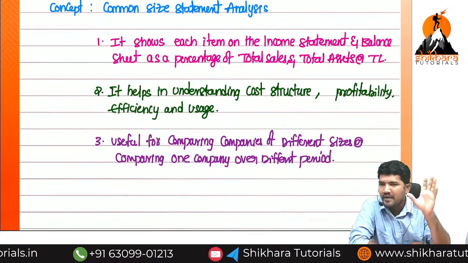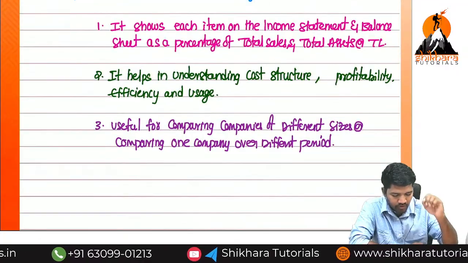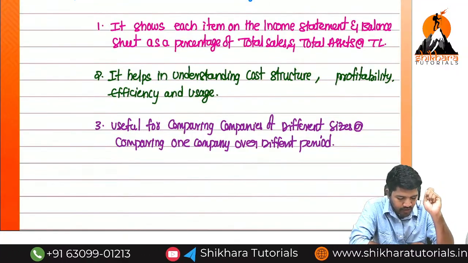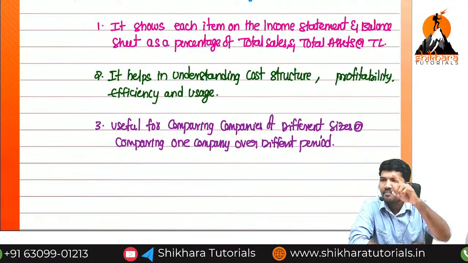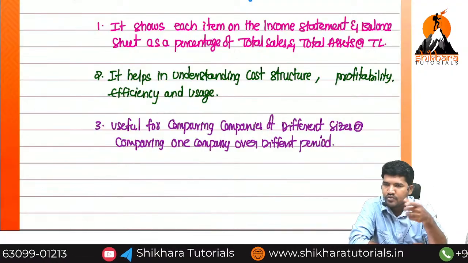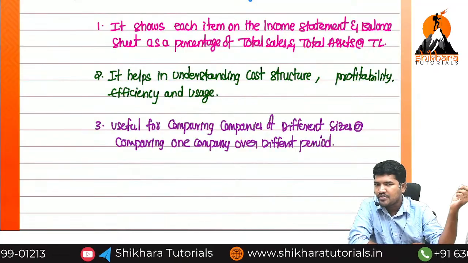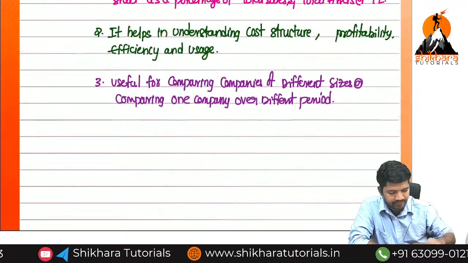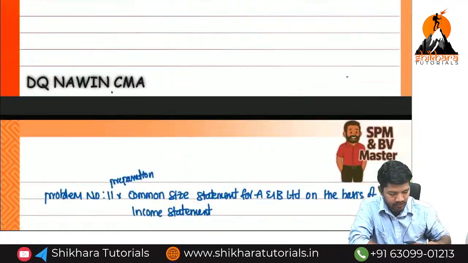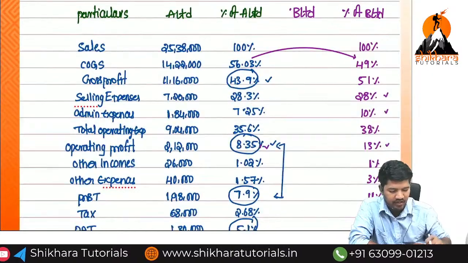Also you can compare one company over different periods, company A 2020, 23, 24, 25, 26. Guys, clear?